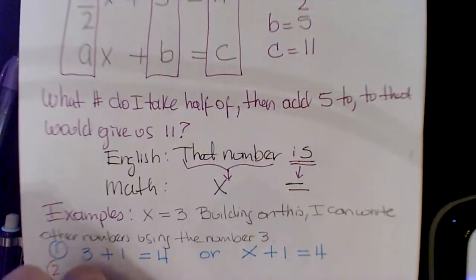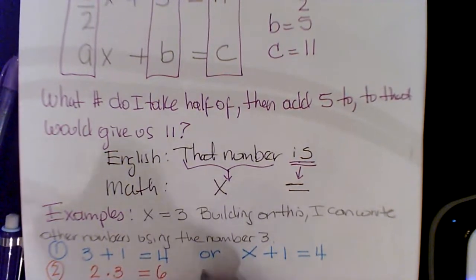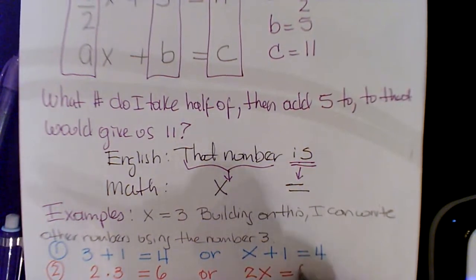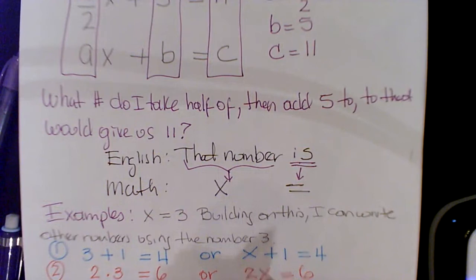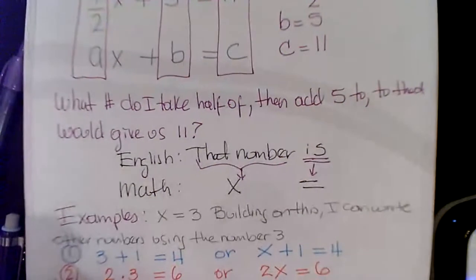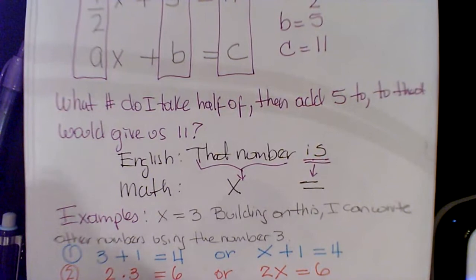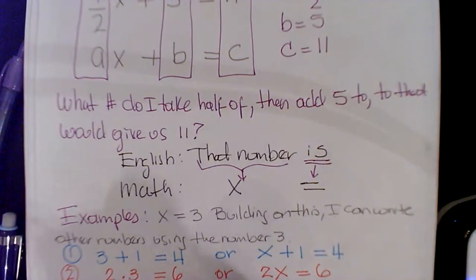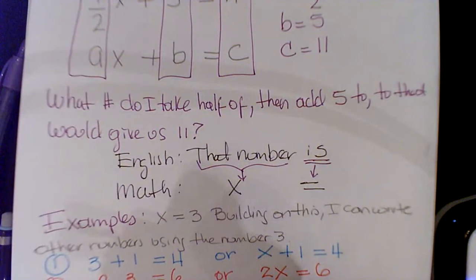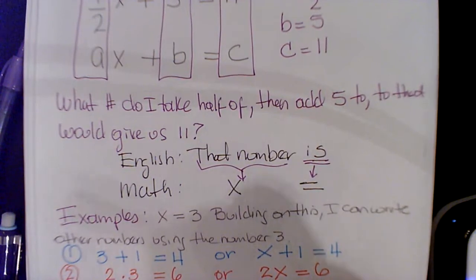We could do 2 times 3 is equal to 6. Or 2x is equal to 6, x is equal to 3. Let's do this one: 3 times x, 3 times 3 is 9, plus 2 will be 11.